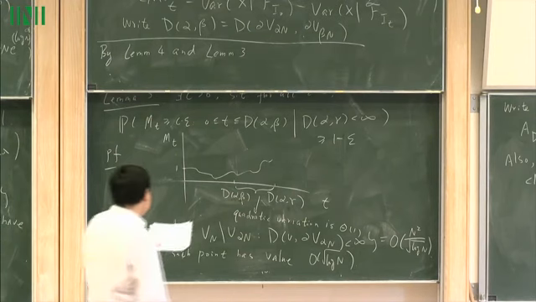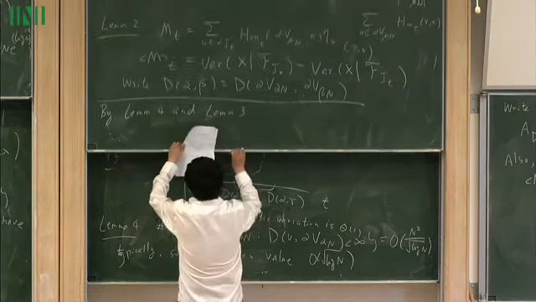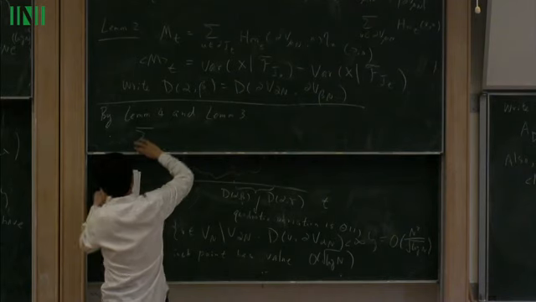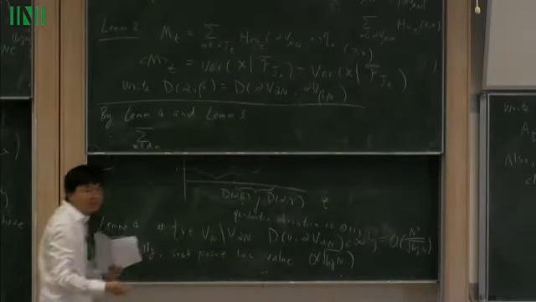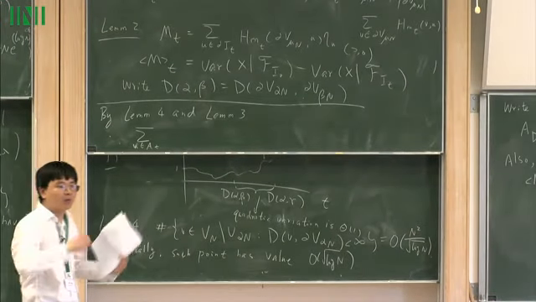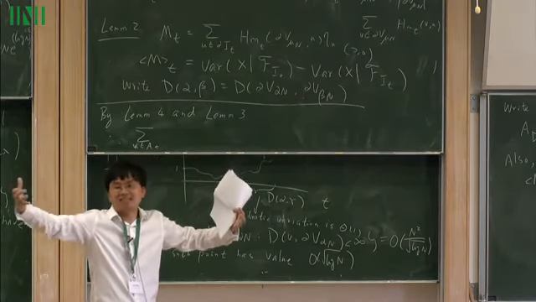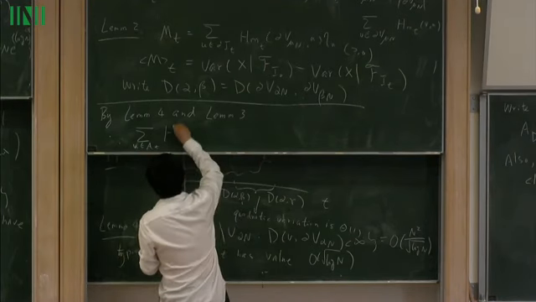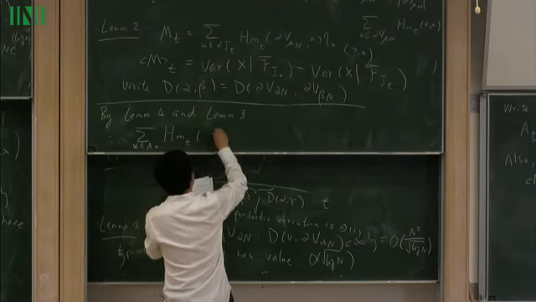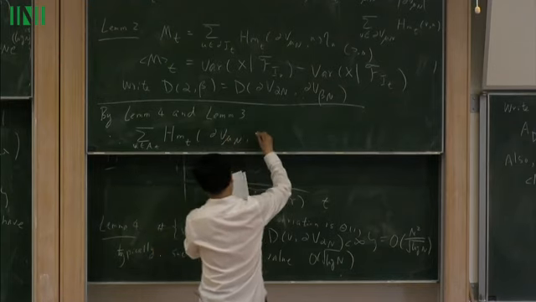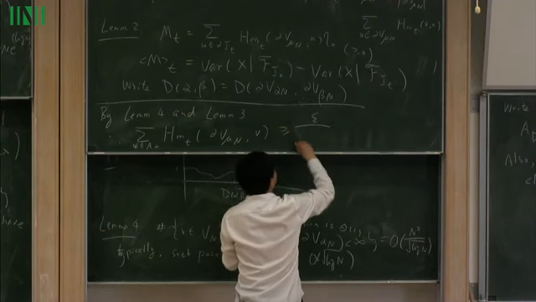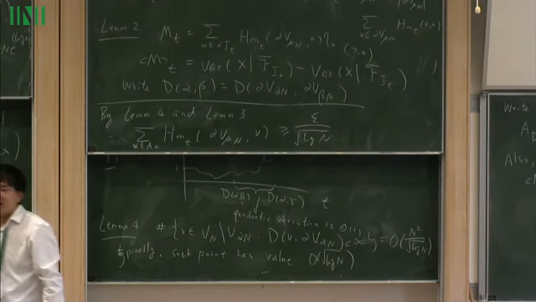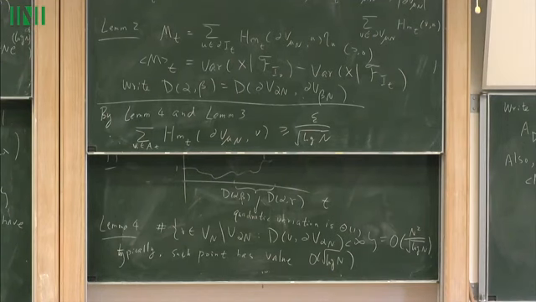That means the harmonic measure, for each t, if you look at the harmonic measure on the positive part of the boundary of your metric ball, the sum of the harmonic measure has to be larger than epsilon over root log n, because the harmonic average is larger than epsilon, and each of the values is at most root log n.